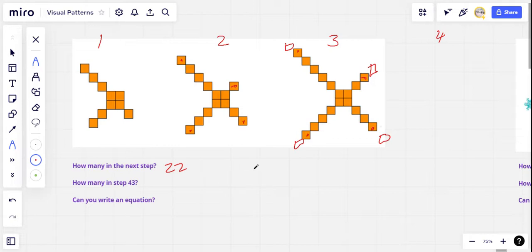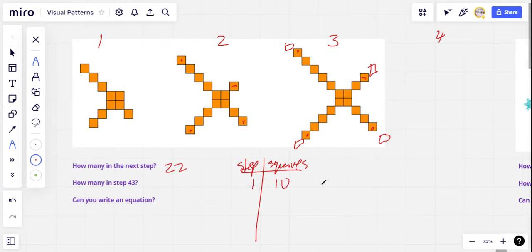Let's take a minute to analyze the numbers before we go on with our next steps here, because I want to have the confidence that we're counting everything right before we try to make an equation. So I'll make a chart with the step number and then the number of orange squares in each step. Okay, so in step one, we've got the 4 in the center, and then we've got a 3 and a 2, that's 5, 6, so it looks like 10 total there.